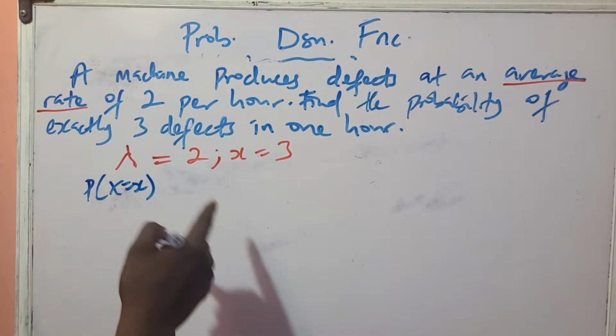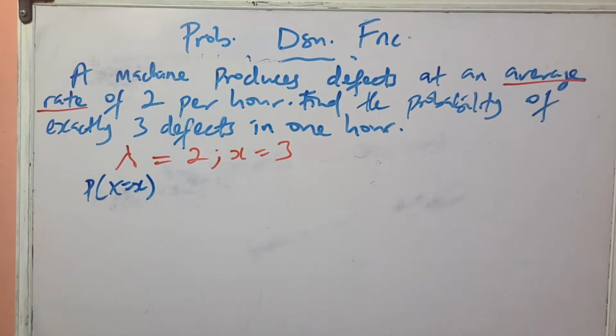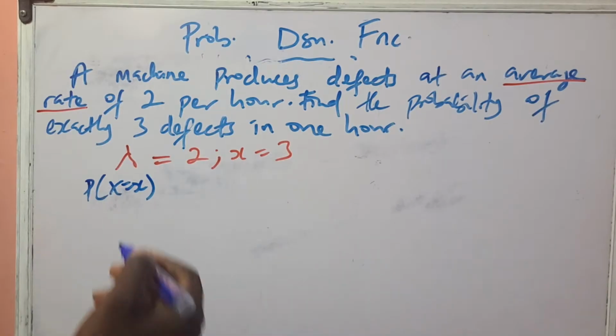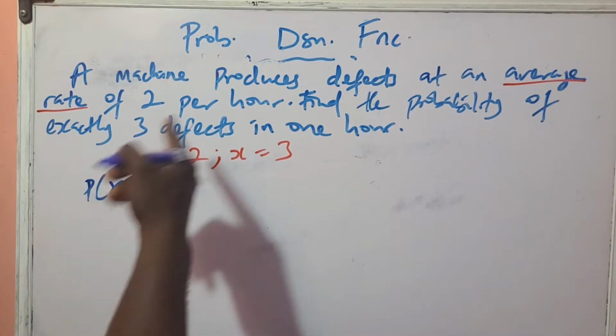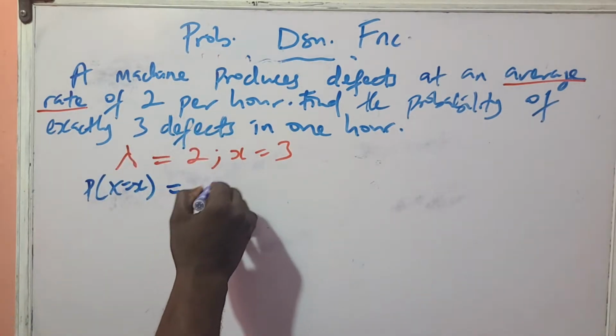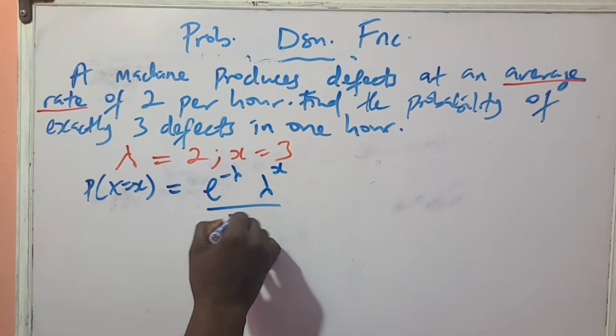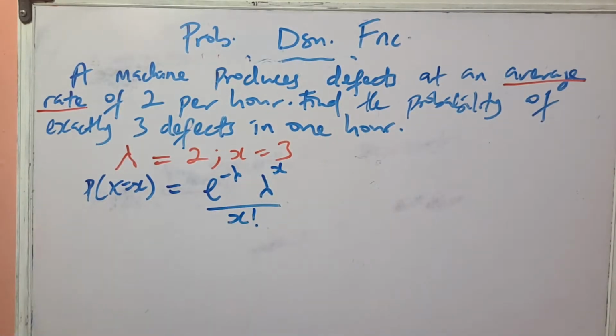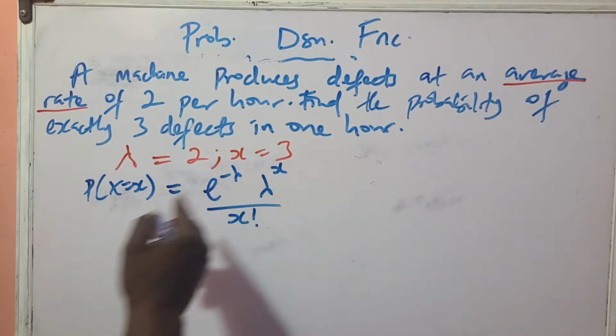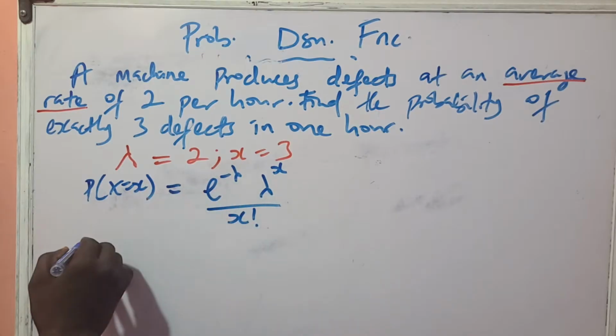I will try and rewrite the PMF as many times as possible as I normally do so that you guys can get familiar with it. So this is the general PMF of a Poisson distribution. We have e raised to power minus lambda, lambda raised to power x over x factorial. This is something you have to know. This is not something that is going to come differently. You just have to know it. When you write it often and often, it sticks to you. Now, the question is for you to find x being 3.